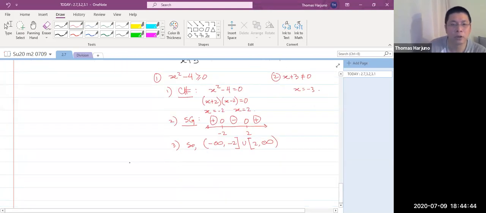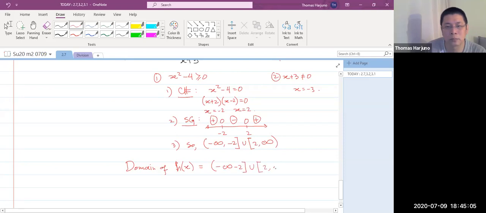However, the overall domain of h(x) will be this set here, and at the same time x cannot be negative 3.